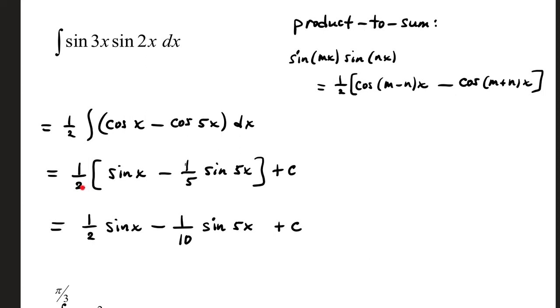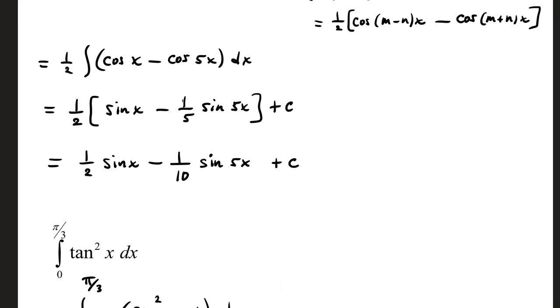Then we can take the half, our antiderivatives are sine x and 1/5 sine 5x. Remember, if you have a multiple angle, its derivative in this case will be 5, and so you rebalance with a 1/5. Distributing 1/2, we have 1/2 sine x minus 1/10 sine 5x plus c, constant of integration.